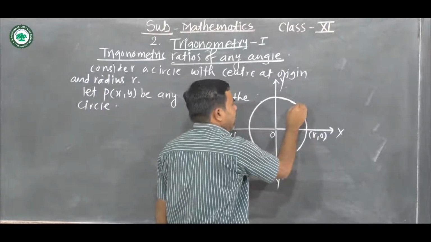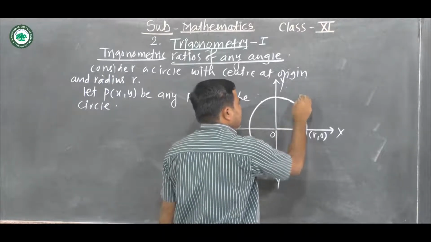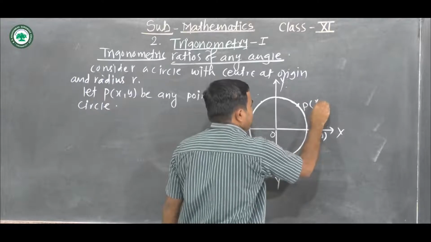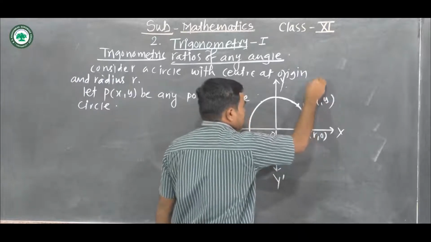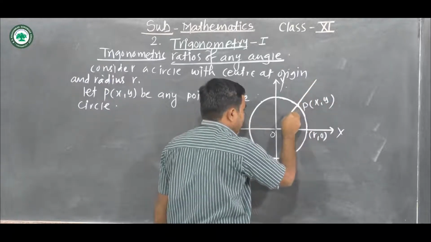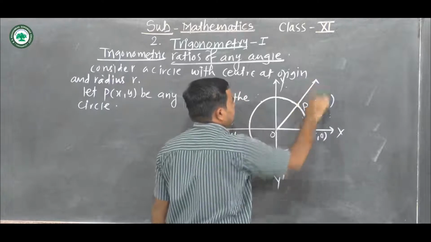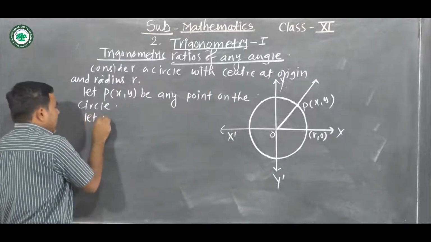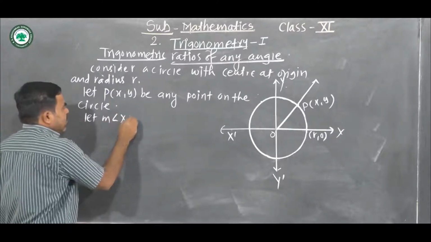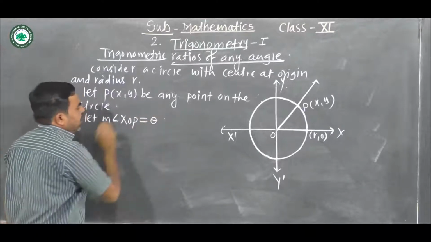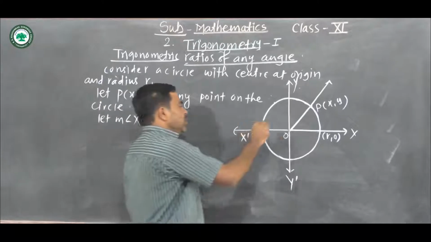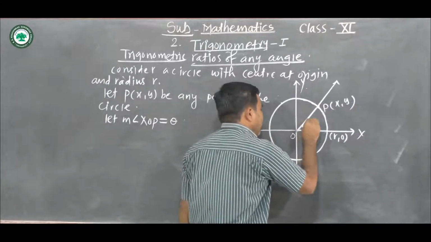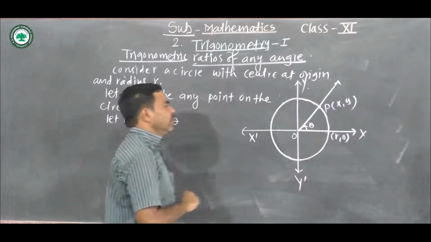We choose that point in the first quadrant, that is point P, whose coordinates are x comma y. So join the ray OP. Let measure of angle XOP be equal to theta.